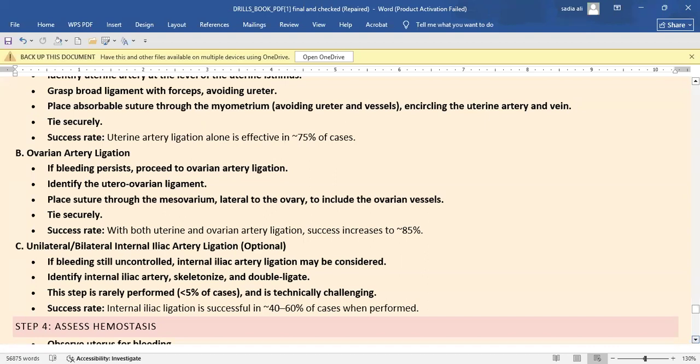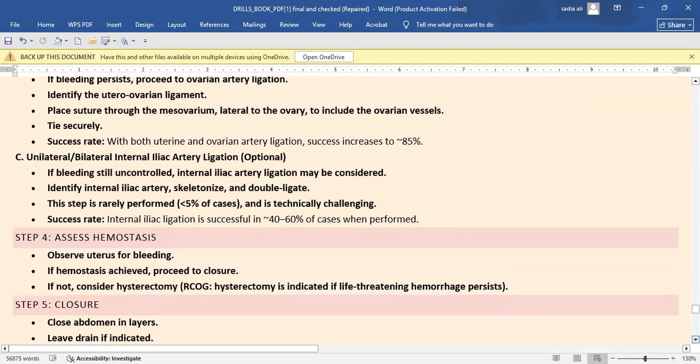So identify the uterovarian ligament, and then the suture is placed through the mesoovarium and lateral to the ovary, and then we have to tie and secure the blood.